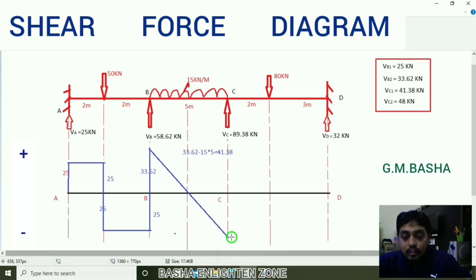If I draw this one, up to here it will be some 41.38 kilonewton. Again VC2 is equal to 48 kilonewton, which is more than this one.